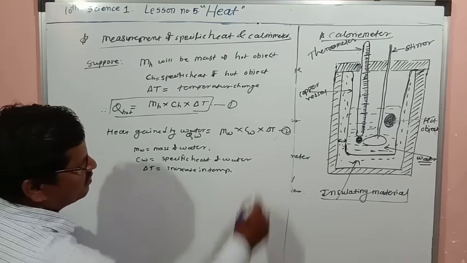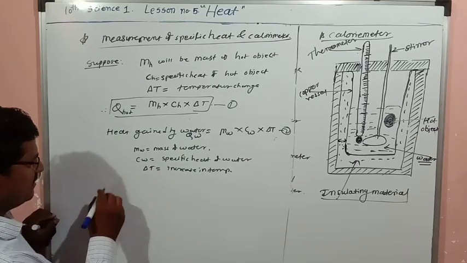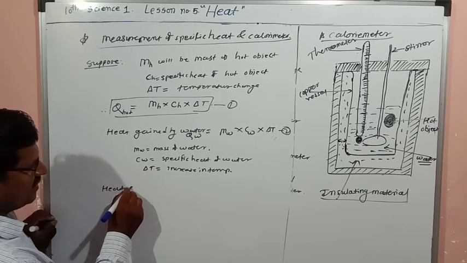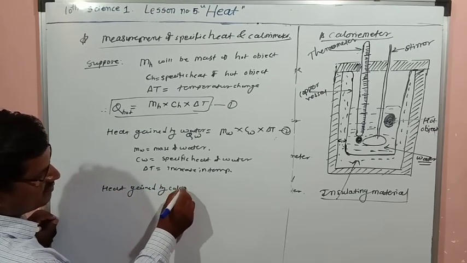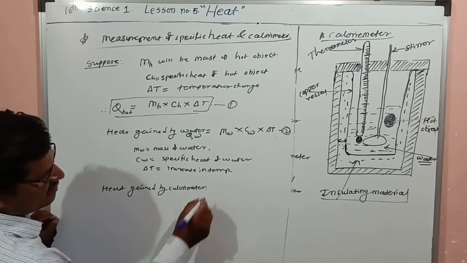Qw is equation 2. And the next thing is the heat gained by the calorimeter vessel.